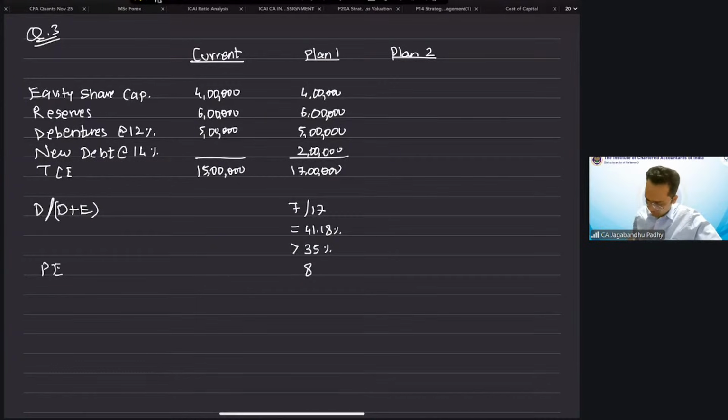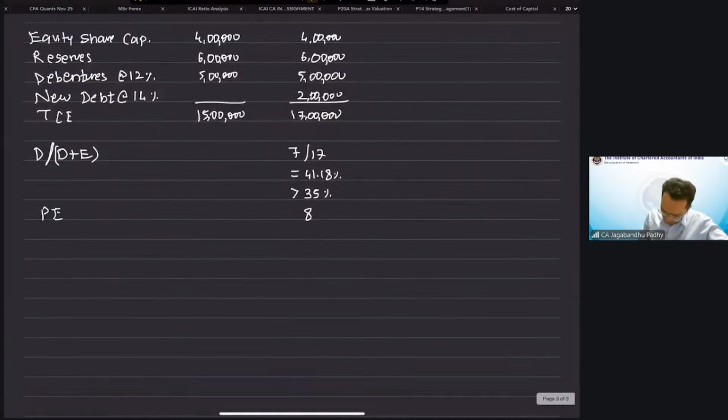So the number of equity shares that will be issued will be like 4 lakh plus 2 lakh divided by 25 being the share price, into 10 being the face value, right? So first we'll need to check for new equity shares to be issued.